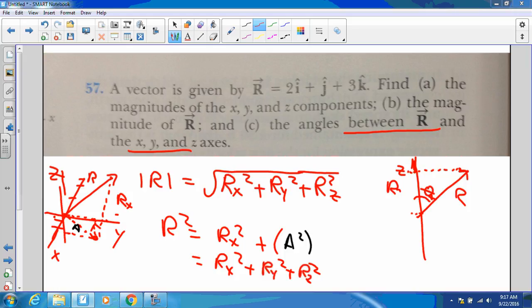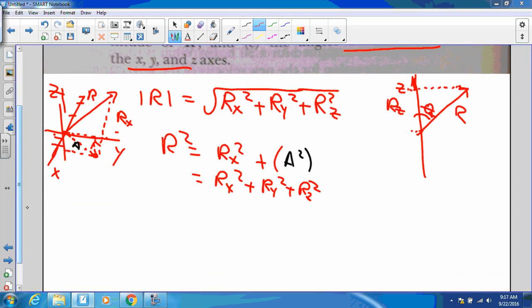And the component that I can measure easily is the rz component. So when I do adjacent over hypotenuse for rz over r, what I get is the cosine of the angle theta z that the vector r makes with the z-axis.